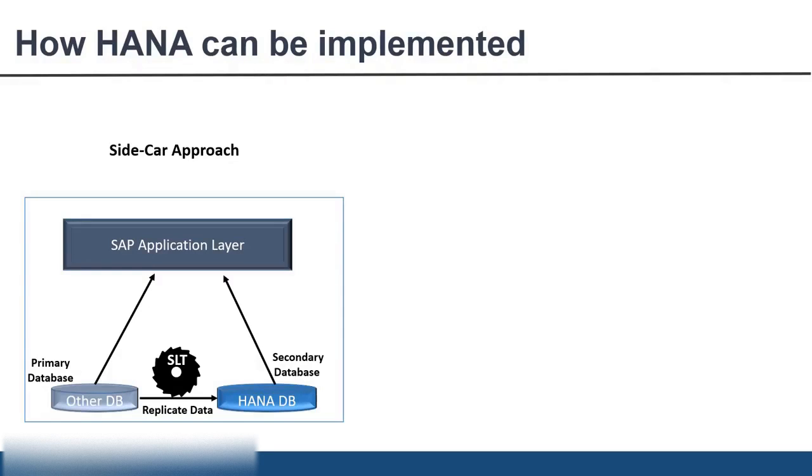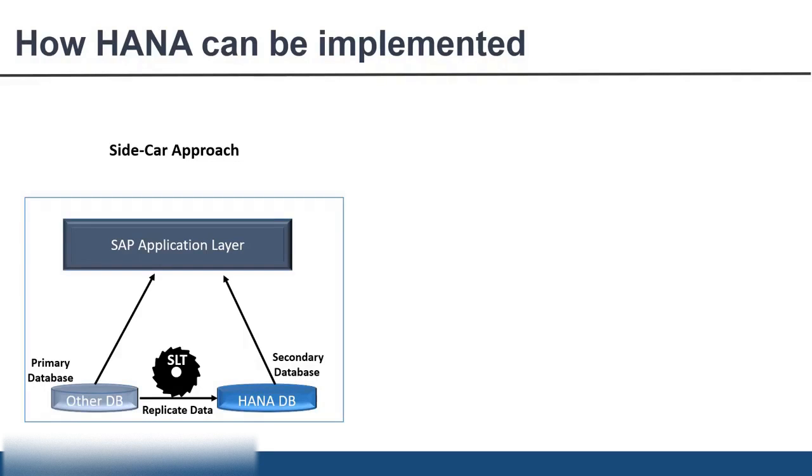Then you ask your basis team to start working on HANA database. Once they are comfortable, you ask other SAP consultants to start working on HANA database. Once your complete team of consultants is comfortable with HANA database, then you actually migrate from any other database to HANA database. This approach is useful because SAP says that the way HANA database works is completely different than the way any other database works.